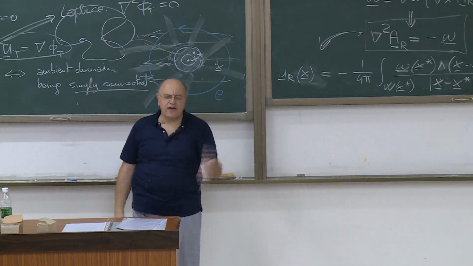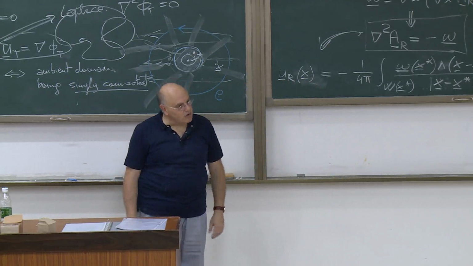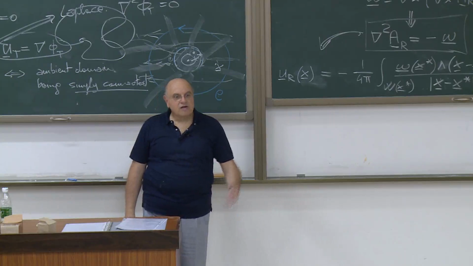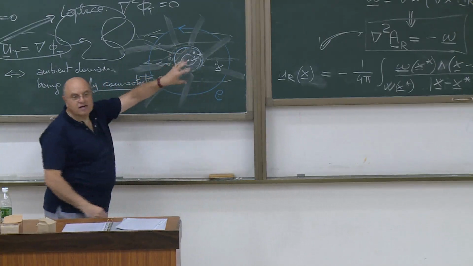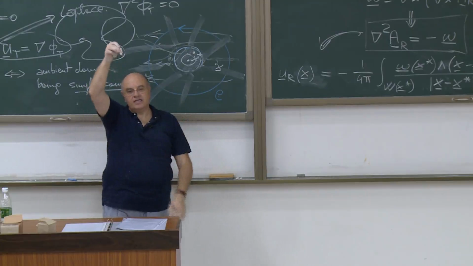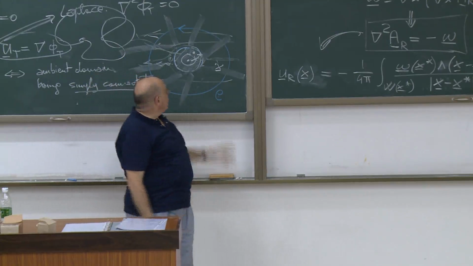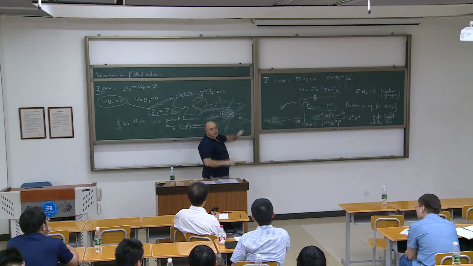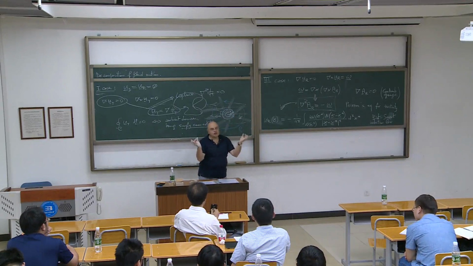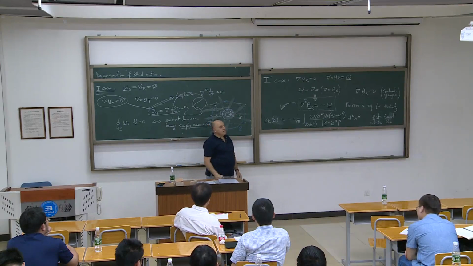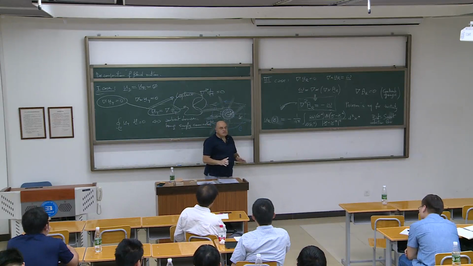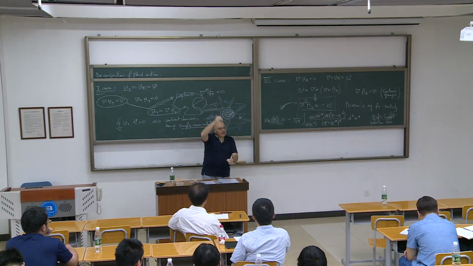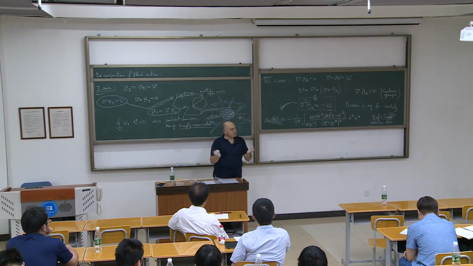Only in very, very specific situations. For example, when this pillar is infinitely long and straight. For example, when this cross-section is a cross-section of a perfect torus. Two cases: the straight tube, and the torus.